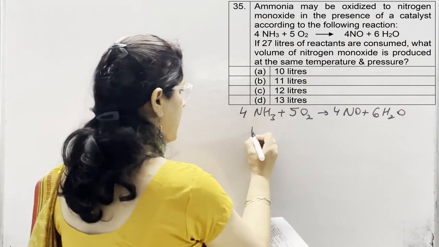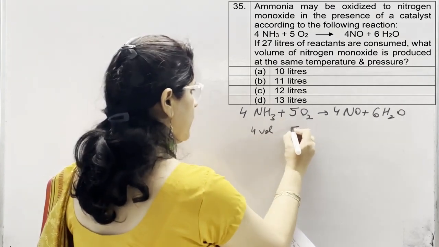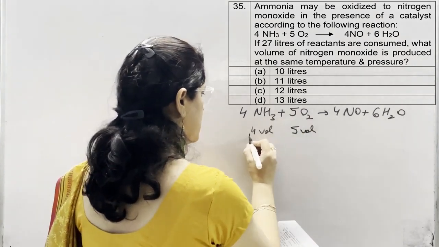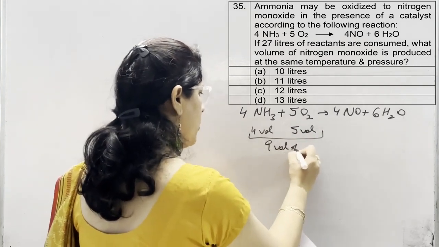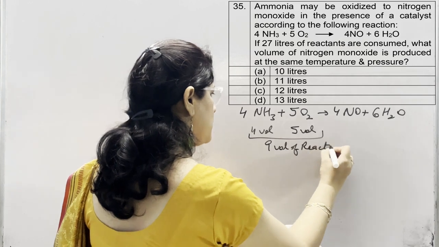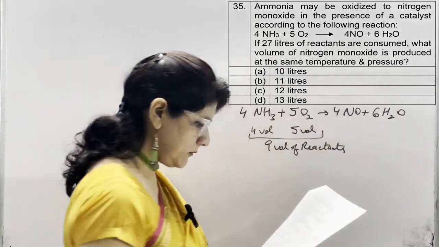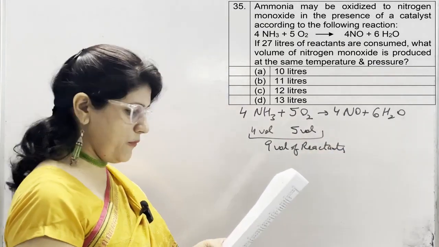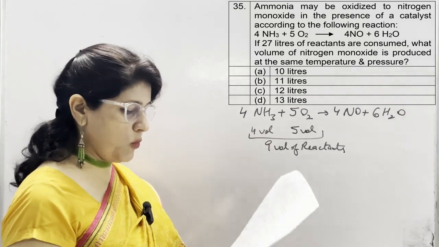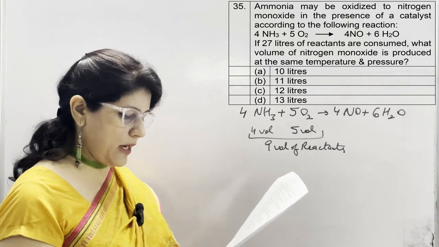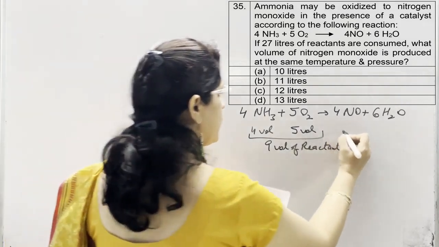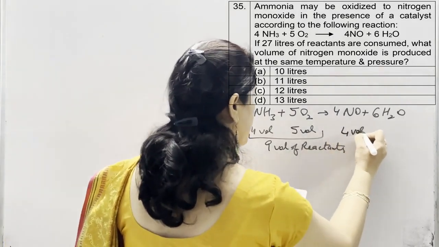Here we know that we have taken 4 volumes of ammonia with 5 volumes of oxygen. So these two are reactants. It means 9 volumes of reactants we are using here. What volume of nitrogen monoxide is produced at the same temperature and pressure? Nitrogen monoxide is producing 4 volumes.